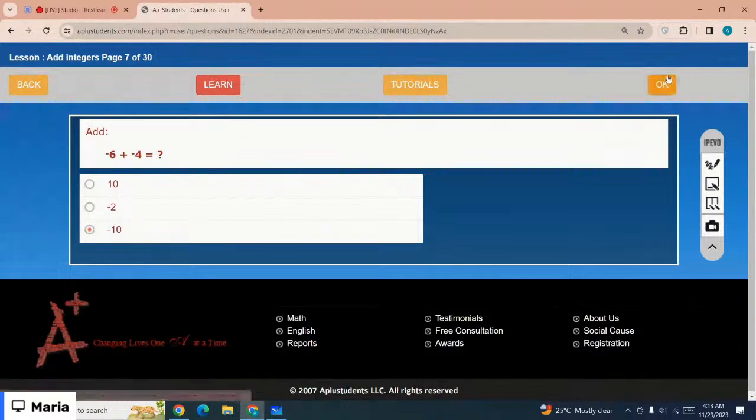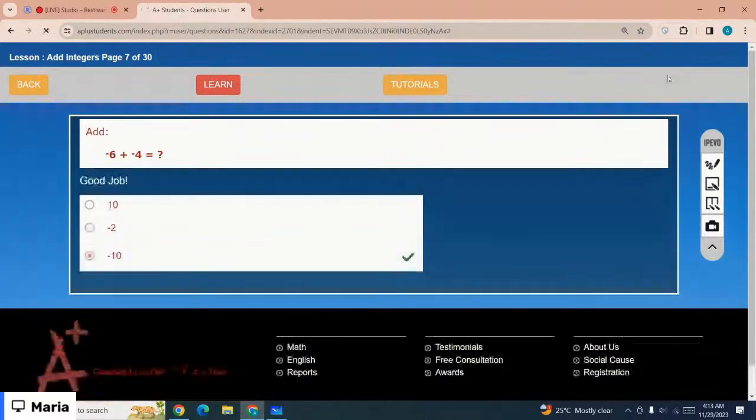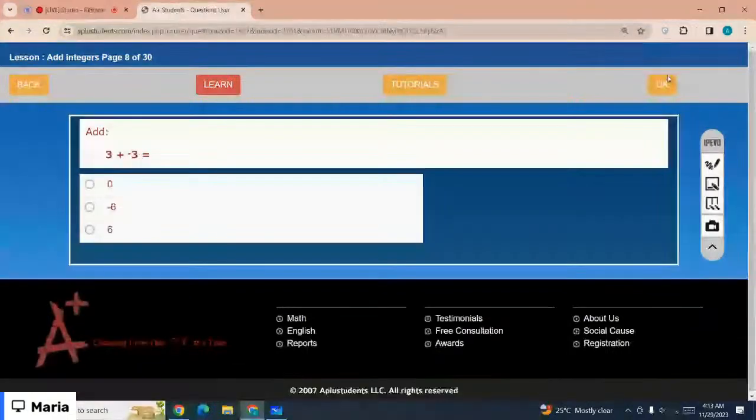Answer must be negative. Negative 10, right? Okay, 3 plus negative 3, which is the correct option? Yes, that is 0. The correct option is 0.